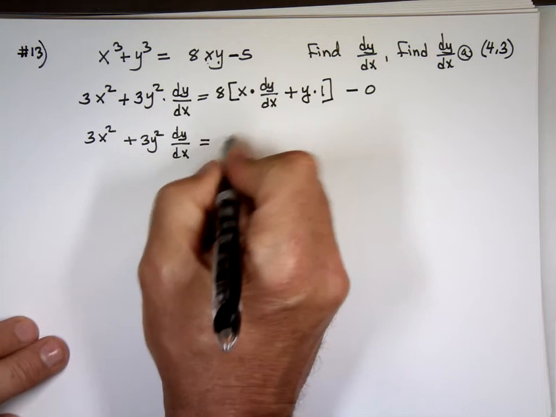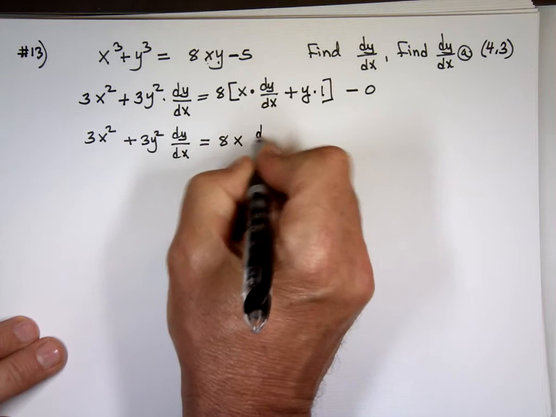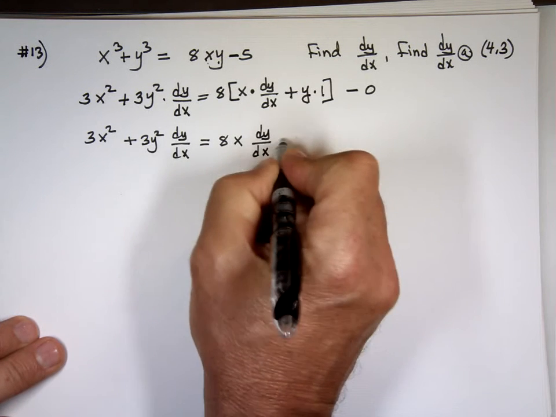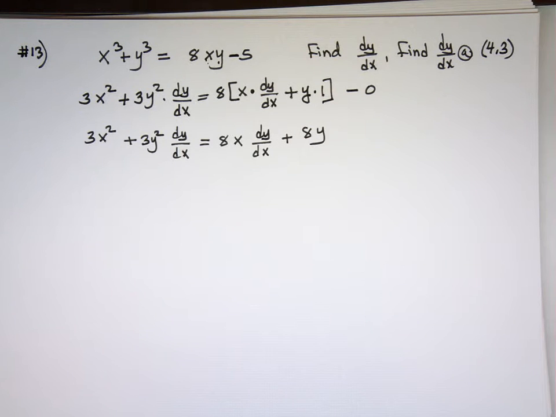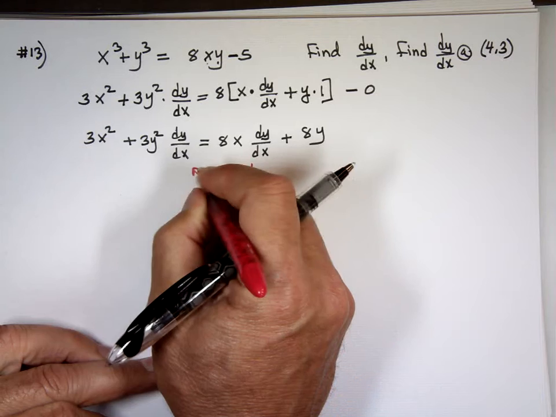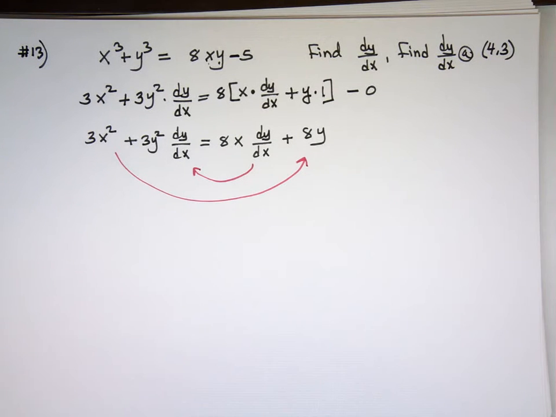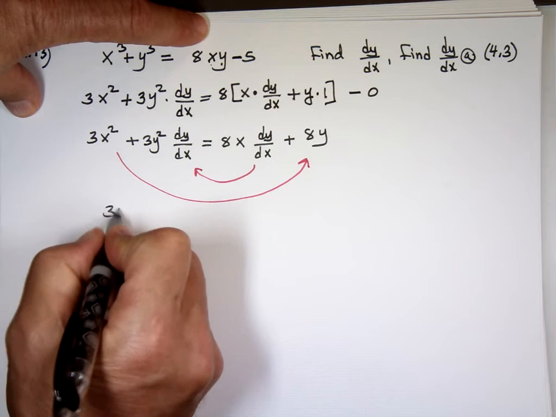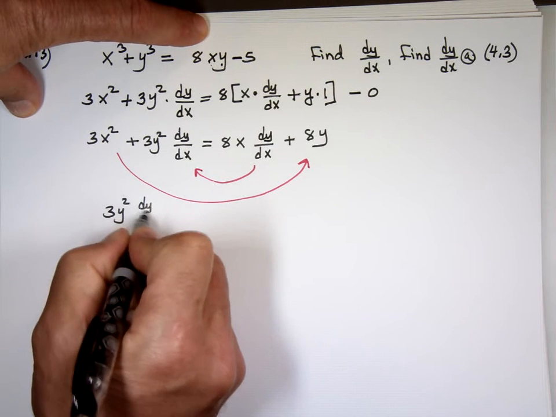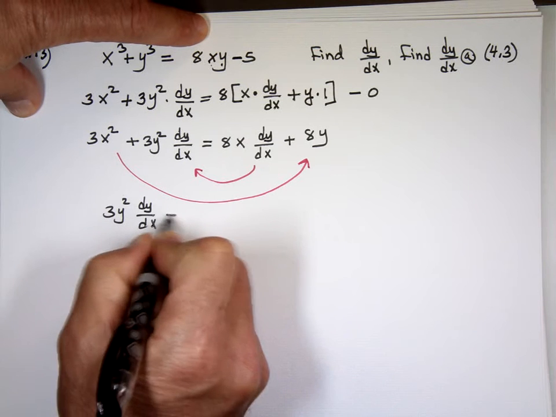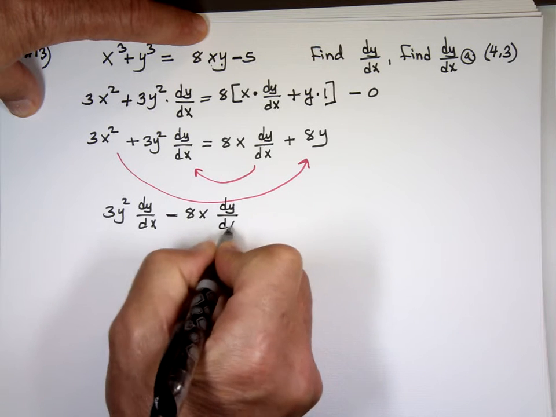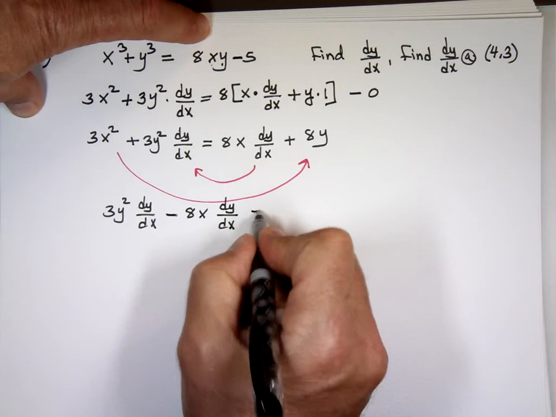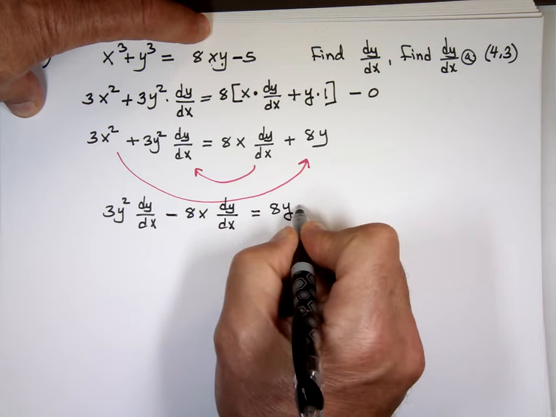This will be 8x dy/dx plus 8y. So I want all the ones with dy/dx on one side, bring this one to this side, all the other ones on the opposite side. So I will have 3y squared dy/dx minus 8x dy/dx. On the other side, you're going to have 8y minus 3x squared.